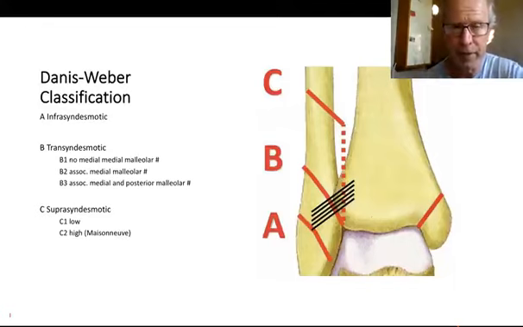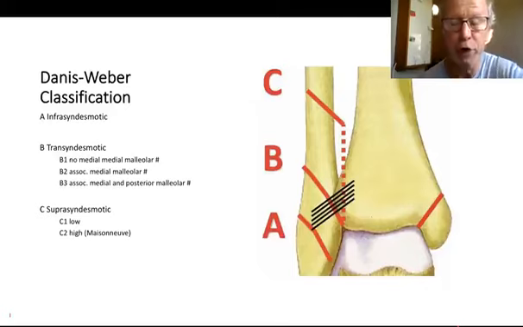So the B's are transsyndesmotic, and there either isn't an associated medial malleolar fracture, or there is one, or there's one as well as a posterior malleolar fracture. So the B's go into B1, B2, and B3, dependent on associated fractures.